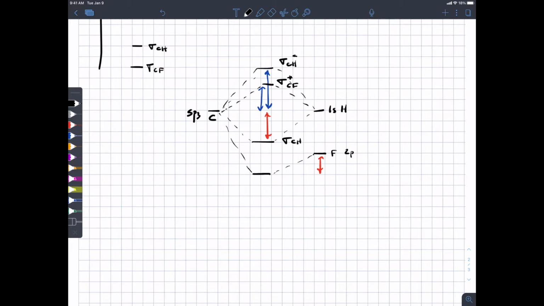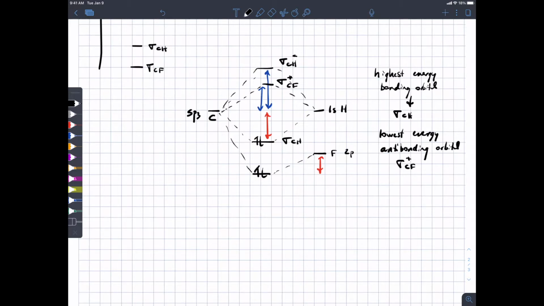So what that means is that, and of course the carbon-hydrogen bonding orbitals would be filled, the anti-bonding orbitals would be unfilled, my highest energy bonding orbital is going to be sigma CH, but my lowest energy anti-bonding orbital is going to be the carbon-fluorine sigma star.